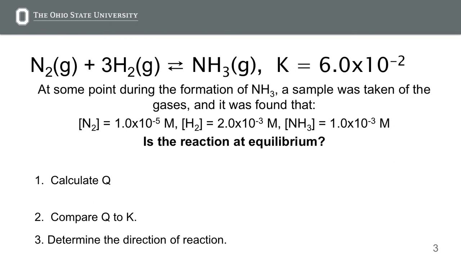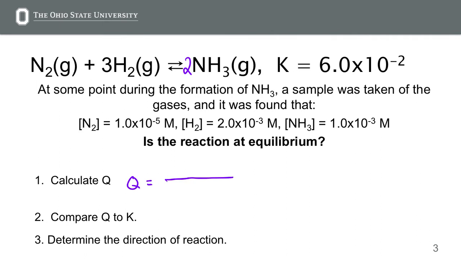To find that, we need to calculate Q. We write Q just the same way as we would K. Missing a coefficient here, aren't I? There should be a 2 there. I might have a math error in my notes now, just so we know.